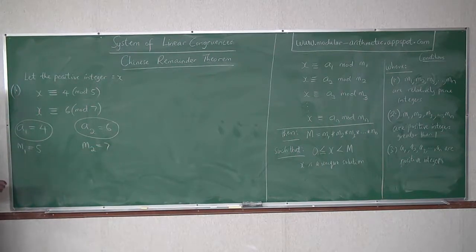And we will go ahead and find uppercase M. Let us multiply the moduli. So this is M1 times M2. So M is 5 times 7. So M is 35.